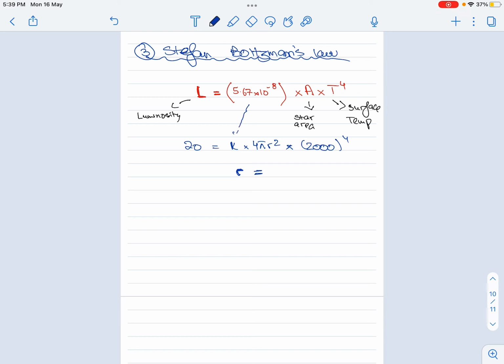We can put in this value and we can find R. R can be, say, 1000 meters. Again, I have not calculated this value, but you can calculate it on your own using a calculator. I do not have one near me right now, I'm sorry. So this is how you can find the radius of a star.